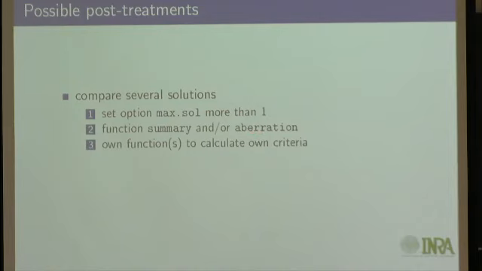But it can be set, for instance, to infinity, and if you have time enough, or if the problem is not too big, you can wait for all possible solutions, and then apply some function to calculate a criterion such as aberration on each solution and find the best designs.